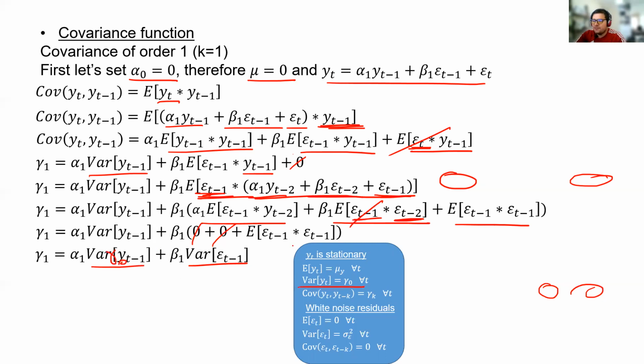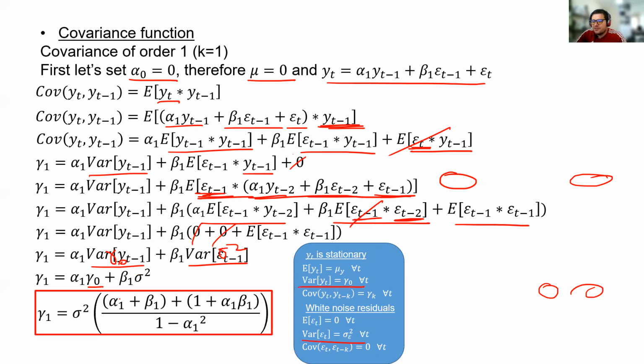So this is gamma 0. And the variance of et at whatever t is sigma squared. So we replace that. We know what gamma 0 is. So I just put it there and rearrange the algebra, and we're left with this way to estimate gamma 1. So that's for the first order.